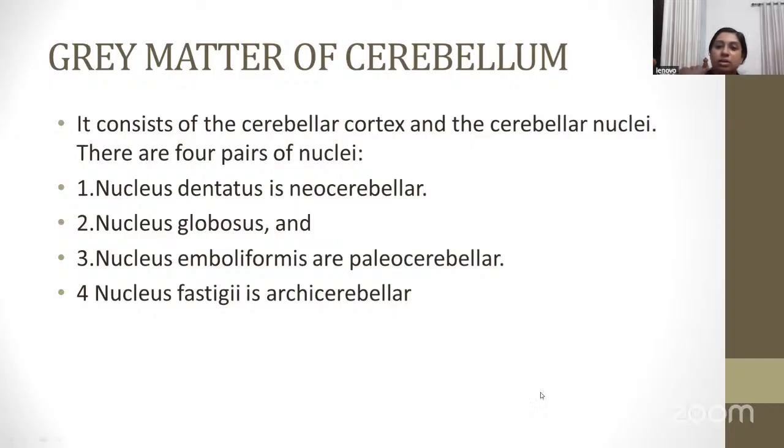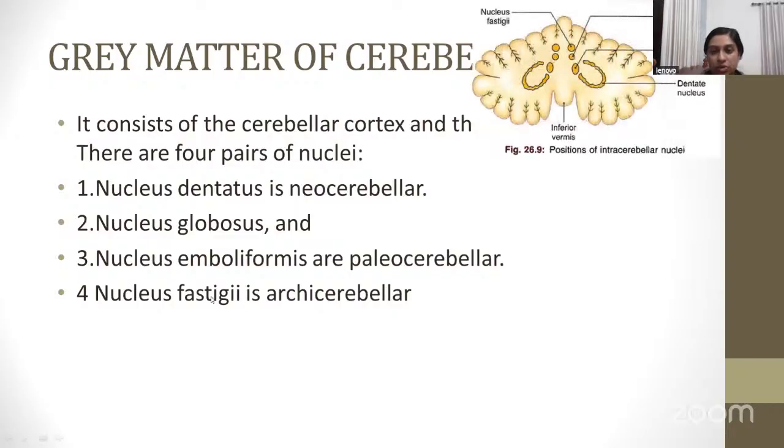From lateral to medial, we can divide them as: first is the nucleus dentatus, which is a larger one, and it is usually associated with the neocerebellar functions. Next is the nucleus emboliformis, paleocerebellar, and medial to that we can see nucleus globosus, and most medial is the nucleus fastigii, which is concerned with the archicerebellar functions. So here we can see the nuclei.